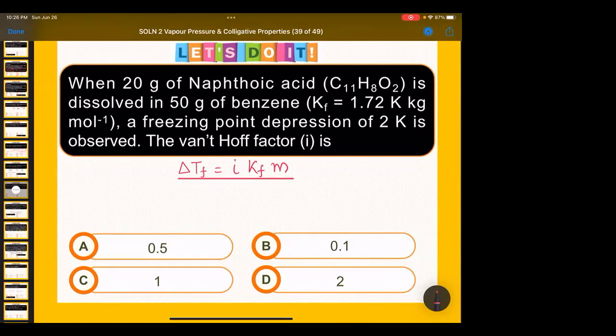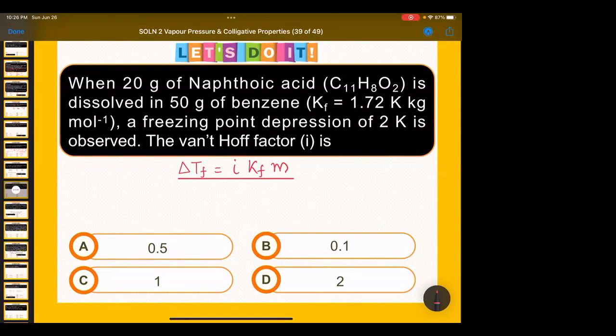Right? Tell me quickly, what is the value of i? Naphthoic acid moles you can calculate.